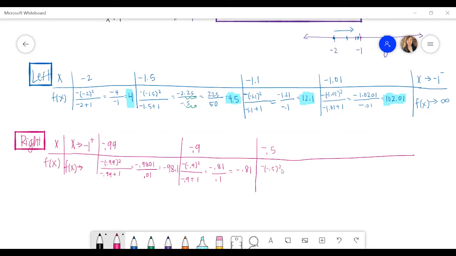Negative 0.5 squared, negative 0.5 plus 1. Negative 0.25 divided by 0.5 would take us to negative 0.5.